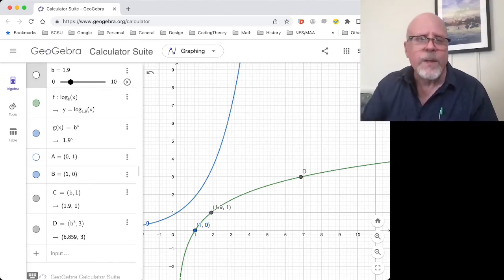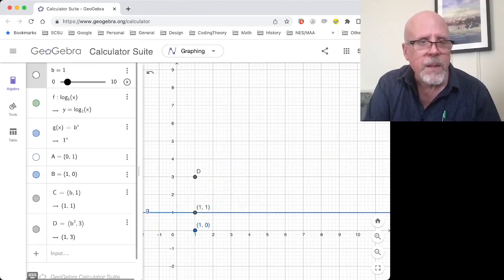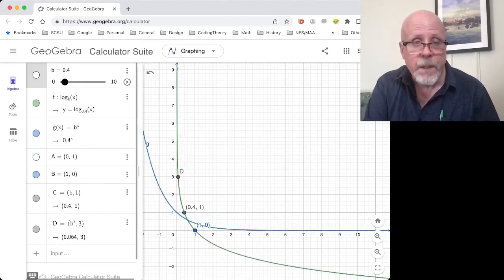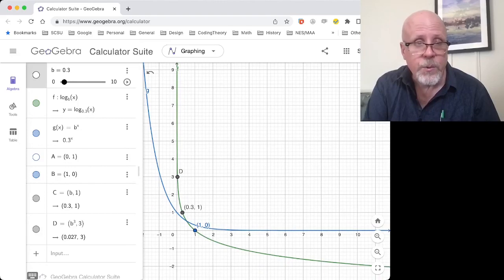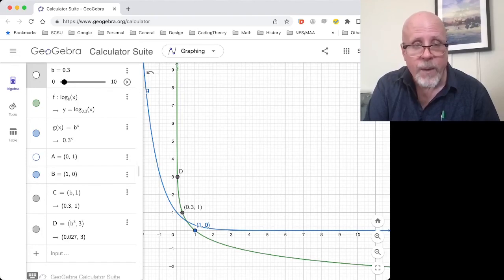But, well, maybe you saw this flip-around behavior before. Remember how 1 was a messed up spot for graphs like this? But if you go bigger than 1, things just changed on us. The exponential is this blue graph, right? And when b was bigger than 1, it had an asymptote along the negative x-axis. Now it's got it along the positive x-axis.